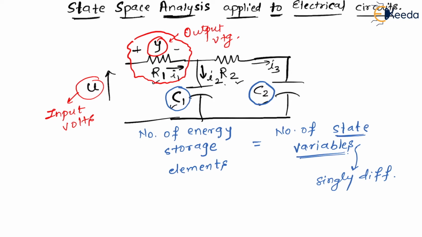So definitely we have to take either voltage as a state or current as a state. Whether to choose voltage or current, let us see. For that, let us go inside the capacitor.